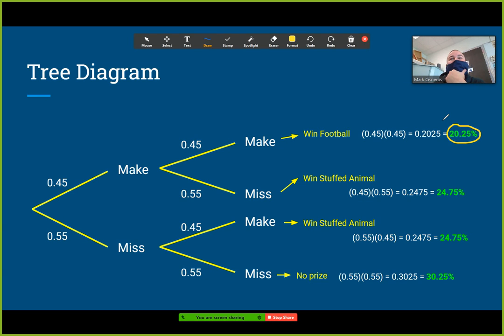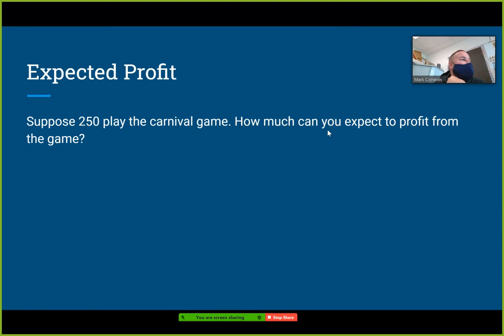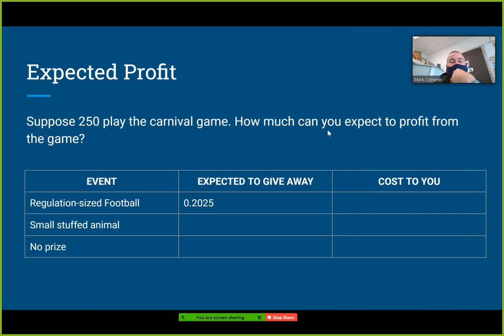Not divide. I take the decimal version and I multiply it by 250. So if I want to find 20.25%, I take the decimal version of the percentage and I multiply it by what I'm looking for. Always multiply. So watch this. I know it's a 20.25% chance of winning a football. I'm expecting 250 people to play.